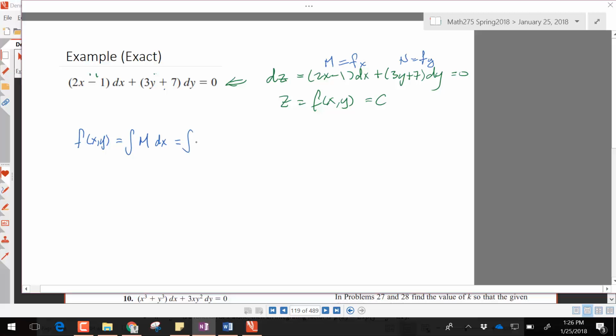I'm going to write a couple more steps that probably are not necessary, but I'll write it down anyways. So m is equal to f sub x, which is equal to 2x minus 1. And I want to take the antiderivative of that with respect to x to get that potential function that we're looking for.